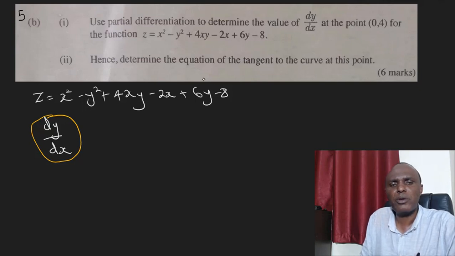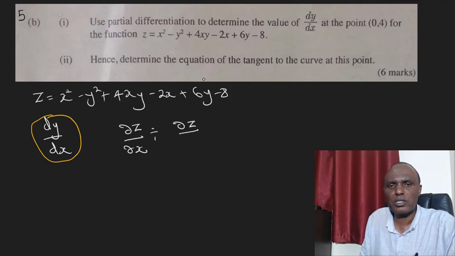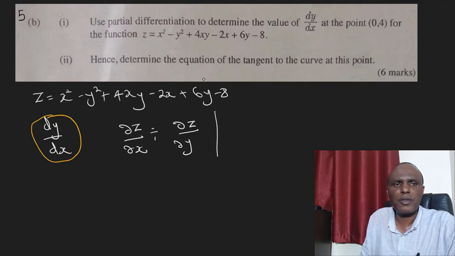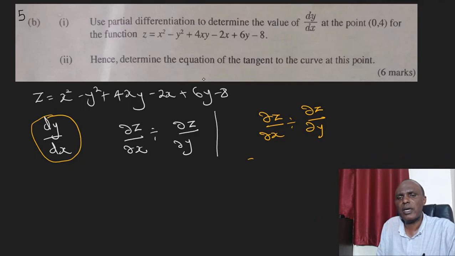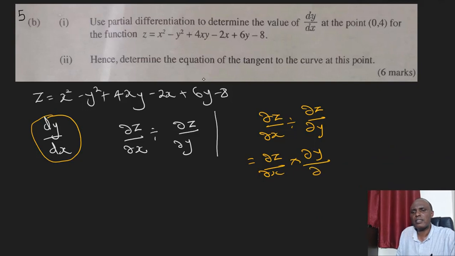Let me remind you that if I divide the partial derivative of z with respect to x by the partial derivative of z with respect to y, I will get dy over dx. How? ∂z/∂x divided by ∂z/∂y is the same as dz over dx multiplied by dy over dz.